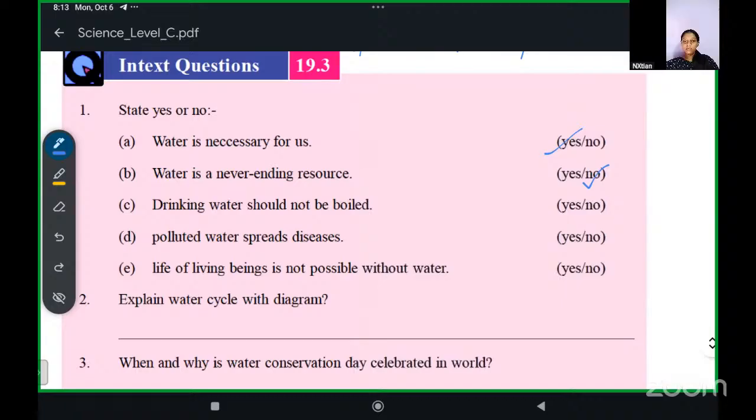Most of the time it does not need to be, but if you don't filter it, then you do need to boil it. Polluted water spreads diseases? Yes. Life of living beings is not possible without water? True.